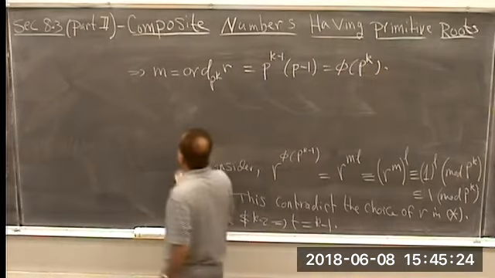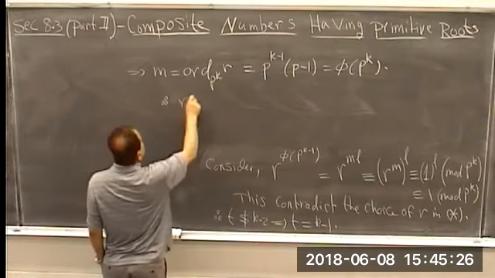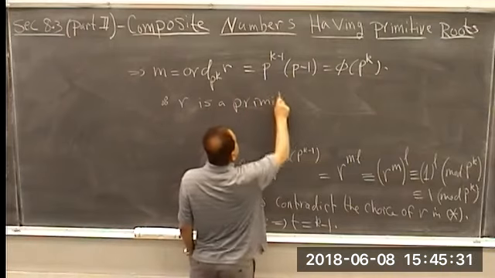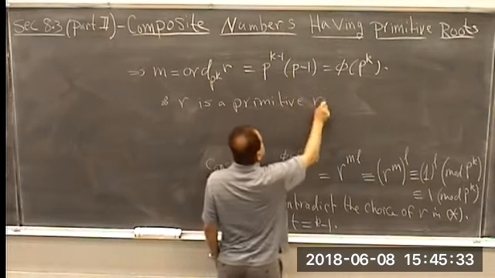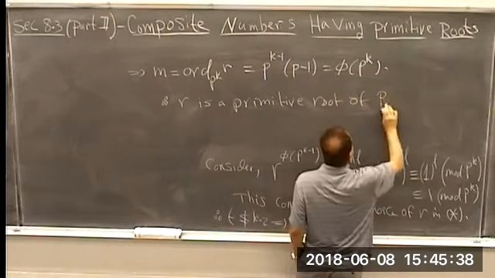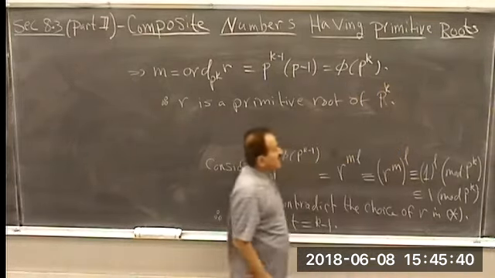So therefore r is a primitive root of p^k.